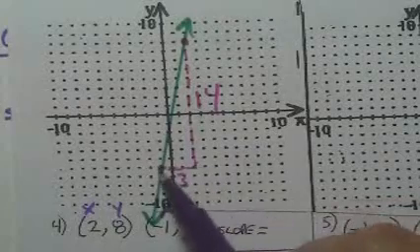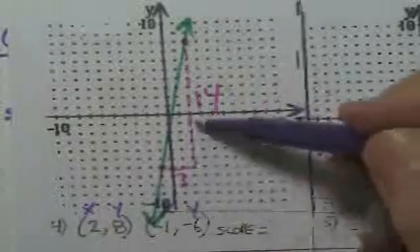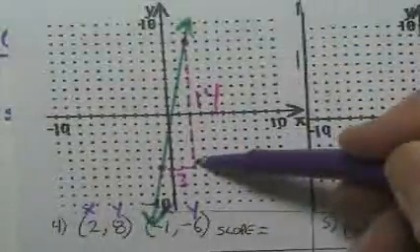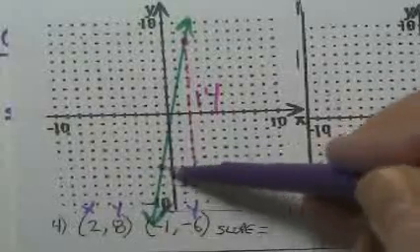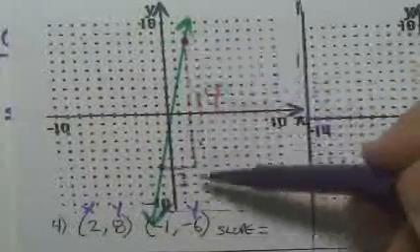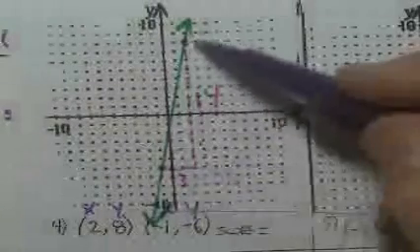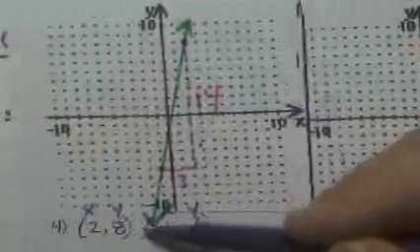The difference of the x's is 3. The difference of the y's is 14. That's what we're trying to find: the difference of the y's and the difference of the x's. But now we're not going to use a graph, we're just going to use the points to calculate it.